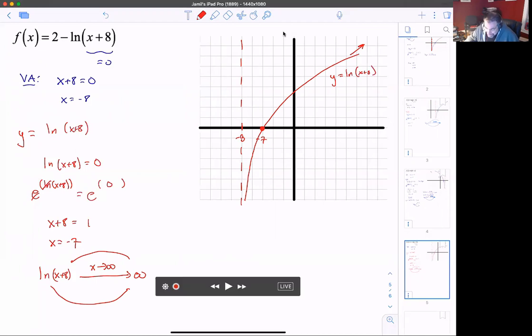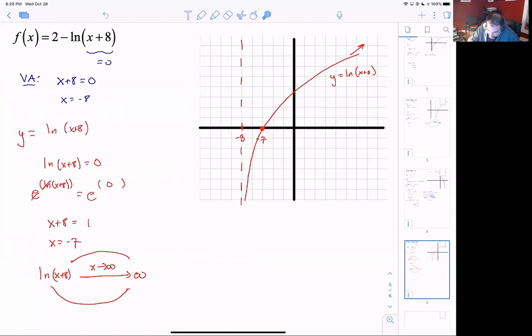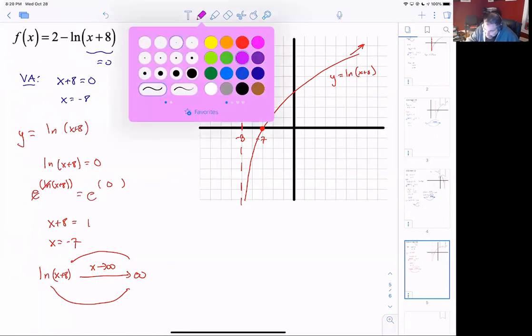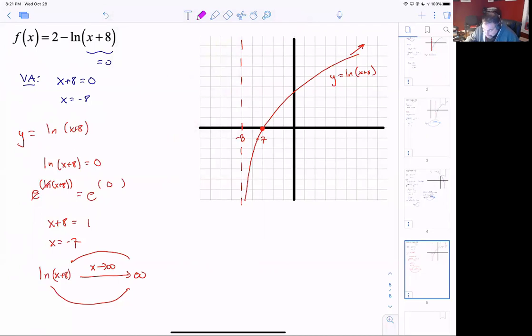Well, what's going to happen if we multiply that by a negative 1? Because that's what we're being asked to do here. All that does to your graph is it just flips it over the x-axis.